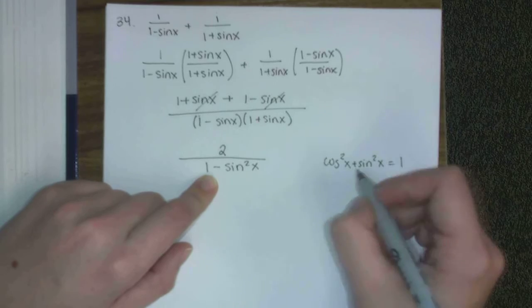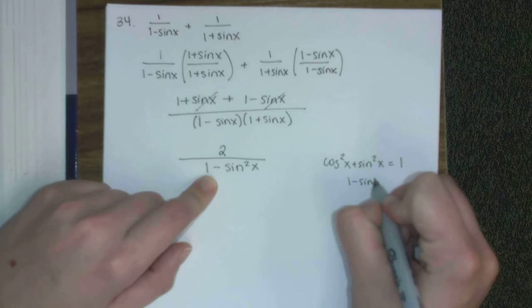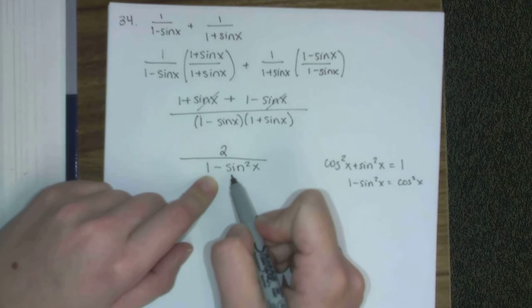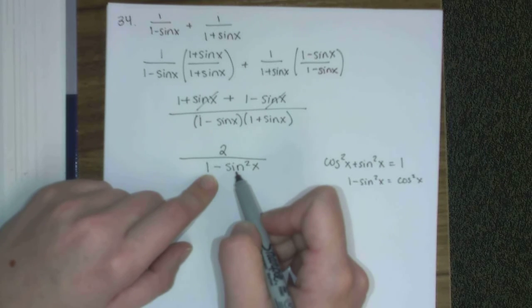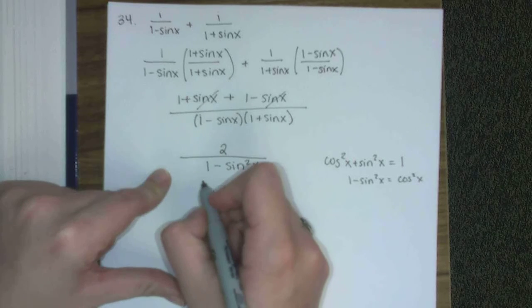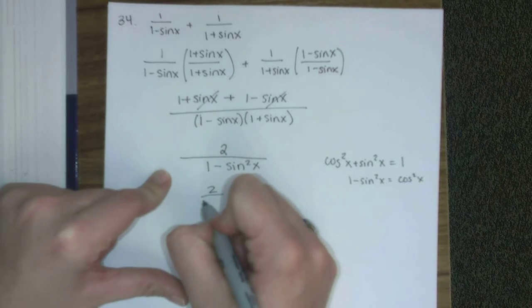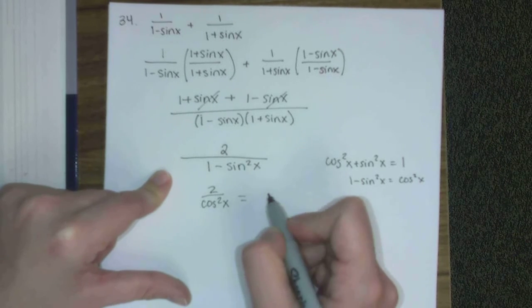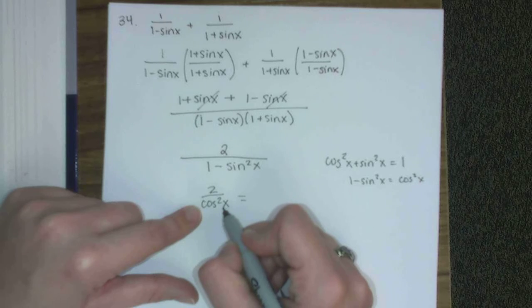That gives me 2 over the cosine squared of x, which is equal to, we remember that cosine goes with secant, so we can rewrite that as 2 secant squared of x. And that would be our answer.